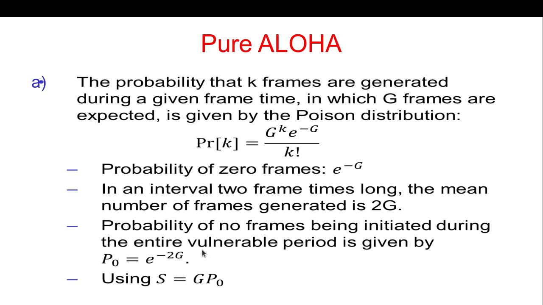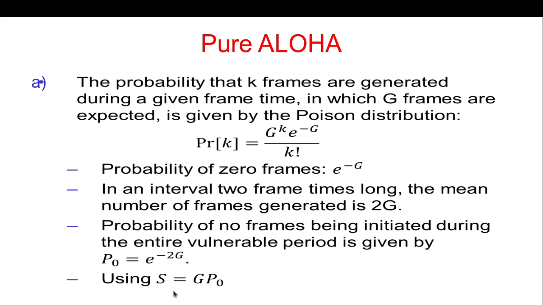Now the probability of no frames being initiated during the entire 2t, or the entire vulnerable time, is obtained using the same equation, putting k equal to 0 for the vulnerable period 2t, where the mean is now 2g. We get the probability of no frames generated, P0, equal to e raised to minus 2g instead of e raised to minus g.